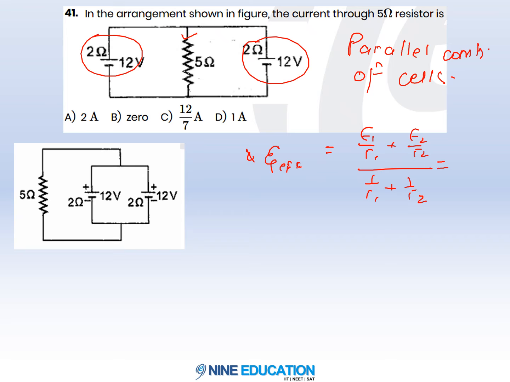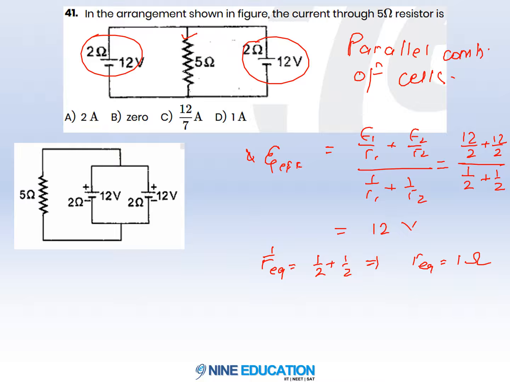By applying this formula, E1 is 12 upon 2 plus 12 upon 2, upon 1 upon 2 plus 1 upon 2. So here we will get 12 volt. Now this is E equivalent. The equivalent internal resistance is 1 upon 2 plus 1 upon 2 in parallel, which gives R equivalent equals 1 ohm.